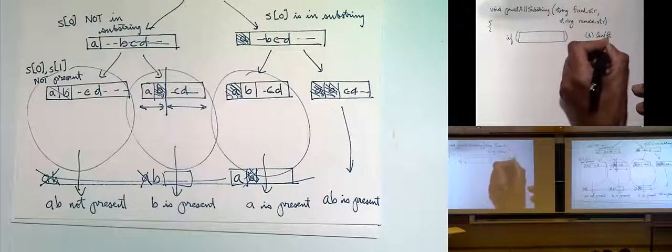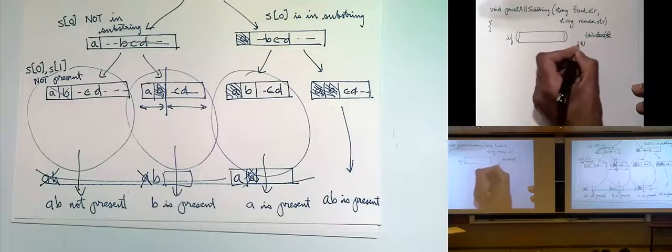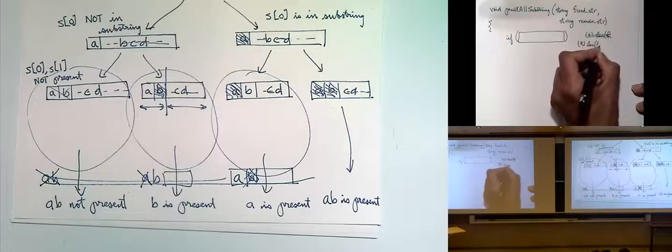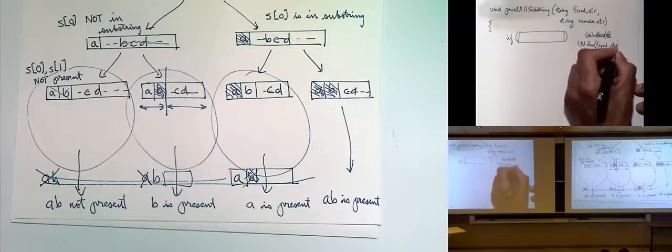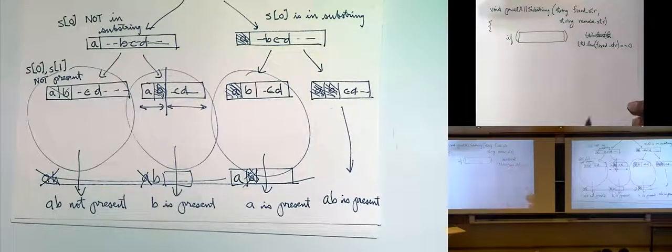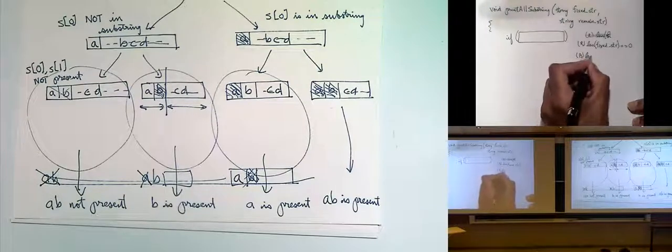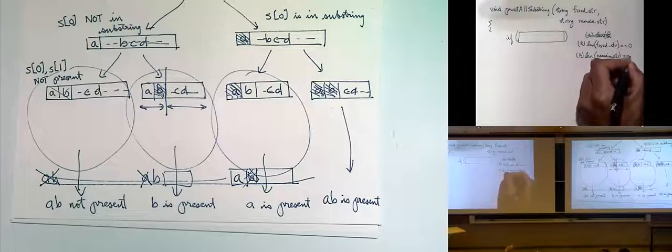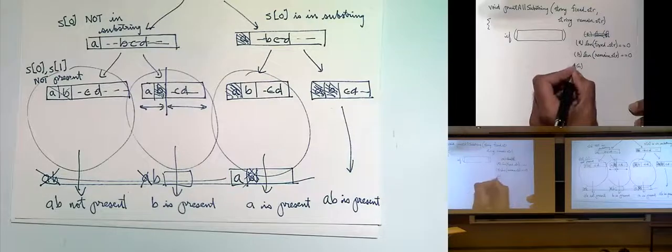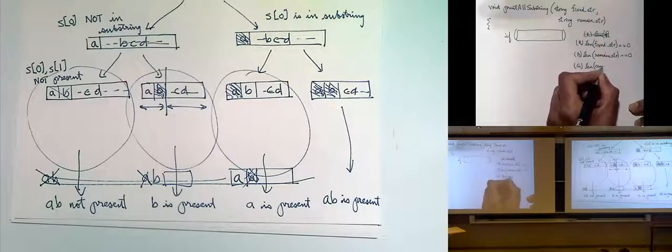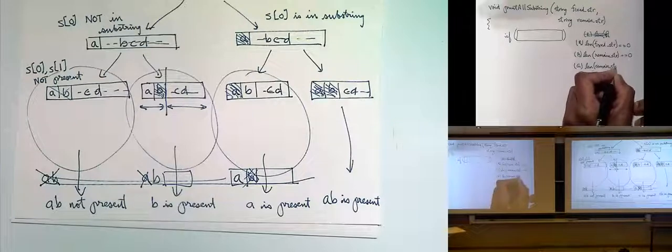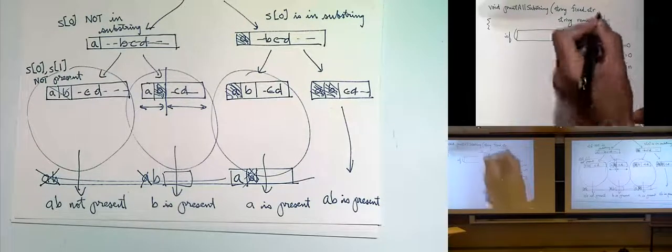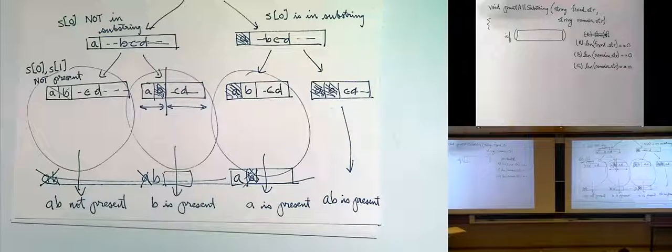The first option is the length of the fixed string is 0. Is it the length of the remaining string is 0? Or is it the length of the remaining string is equal to n? Remember, n is the length of the original string. Okay, I'll give you a minute or two. What is the base case here? Tell me what the base case is. I'll give you a minute to think about it.